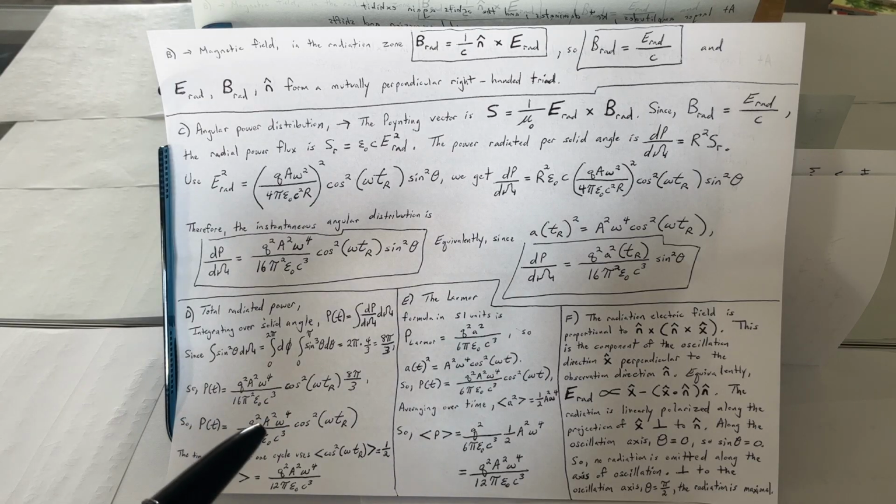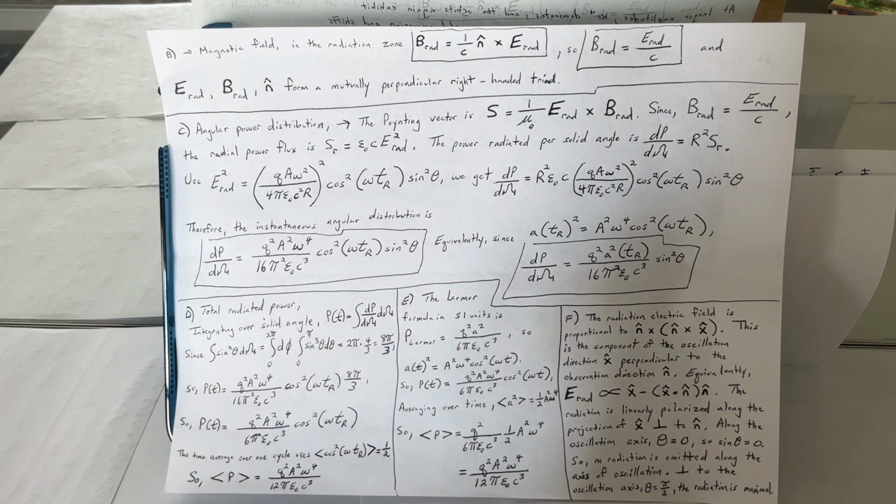So this P(t) is going to get cut in half to give this time average here: q² A² ω⁴ / (12π ε₀ c³).